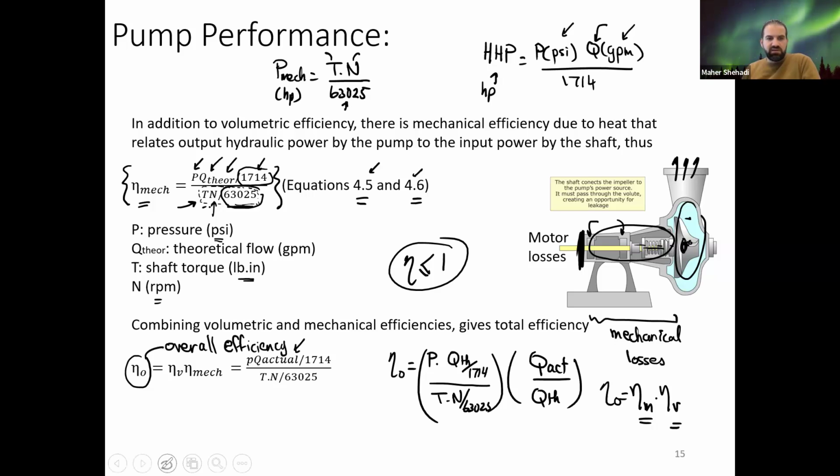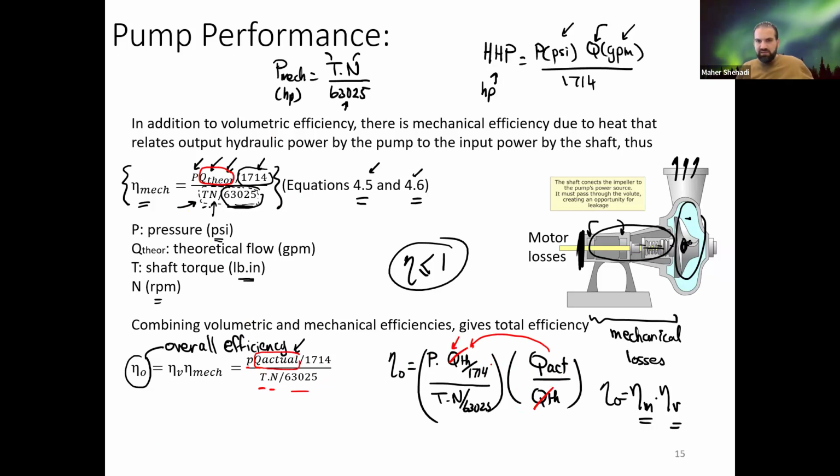What happens to Q theoretical? It simply drops out, it cancels. So you will get P, Q actual divided by Tn, and then the same equation, except Q is Q actual, not Q theoretical. So be careful. If you use Q theoretical, then that's the mechanical efficiency. If you flip that into Q actual, you multiply by Q theoretical and divide by Q theoretical.